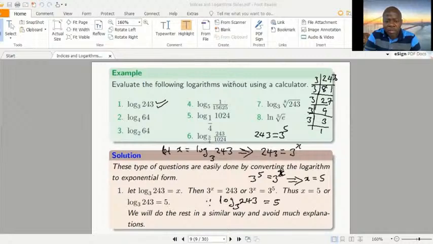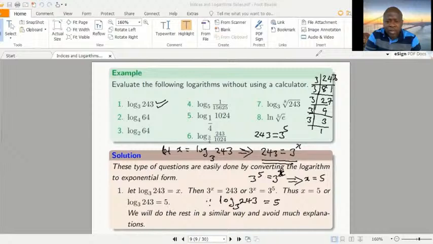Since the question was asked to be done without a calculator, we thought that this 243 can be expressed in terms of base 3. So we found that it would be 3 raised to 5. So 243 is the same as 3 raised to 5. What this statement is saying is that 3 raised to 5 equals 3 raised to x. The bases are the same. That means we can equate the powers, which means x will be 5.